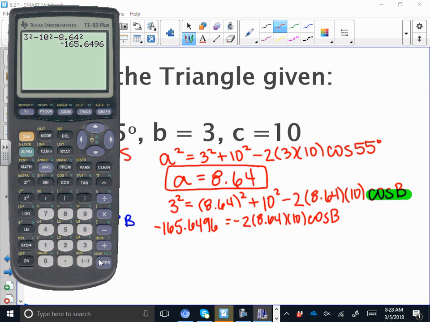So if I were you, I would leave this in my calculator, and I would hit divide. Please open a parentheses, because you're dividing by all 3 of those numbers multiplied together. We are dividing by the quantity negative 2 times 8.64 times 10.